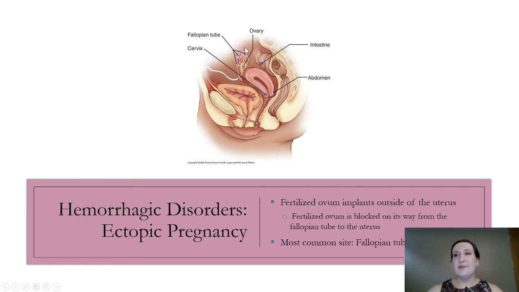So the problem here with these is if we've had tubal trauma, if you've already got scar tissue in your fallopian tube, if you've had a past history of an ectopic pregnancy and we were able to save the tube, if you've had some sort of abdominal surgery, if you have a history of infection that was pretty severe, like a severe chlamydia or gonorrhea infection in which the fallopian tube was infected as well, that could create some scar tissue, and basically what we call congestion within the fallopian tube, and that can impair the fertilized ovum from reaching the uterus.